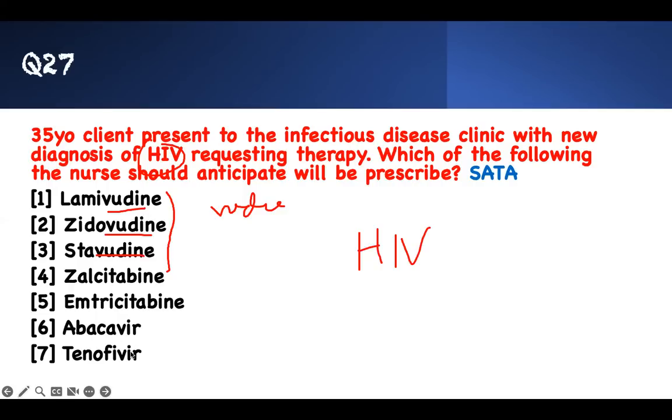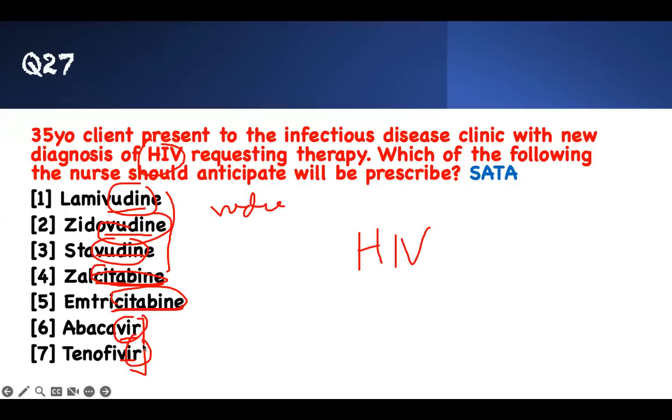Then the VL is always a viral. Then the Citabine, you can use Citabine. It's another group. So you have Citabine, you have Vudine, and the VL.